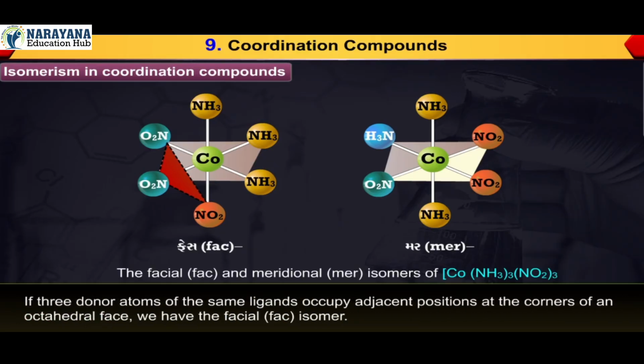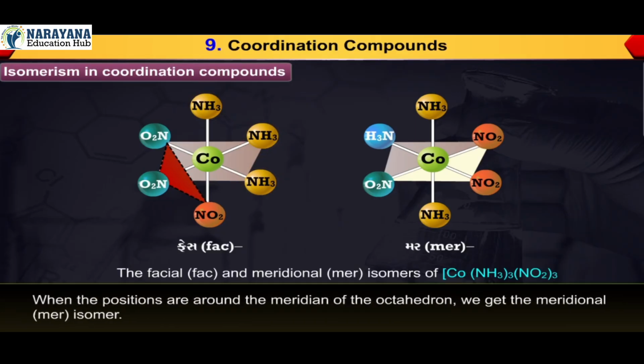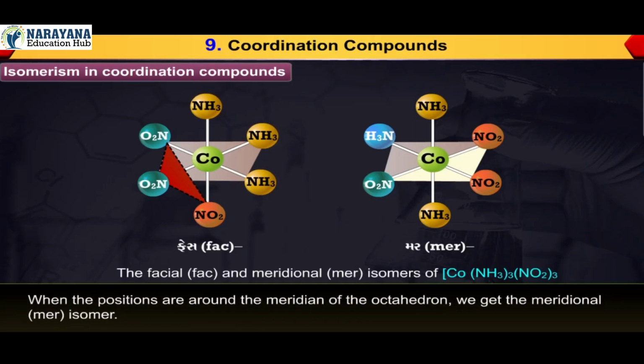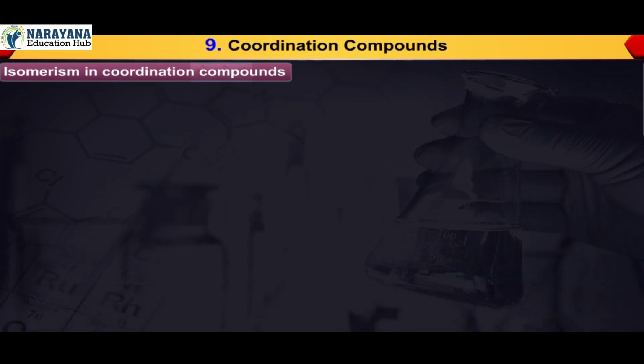If three donor atoms of the same ligands occupy adjacent positions at the corners of an octahedral face, we have the facial, that is fac, isomer. When the positions are around the meridian of the octahedron, we get the meridional, that is mer, isomer.